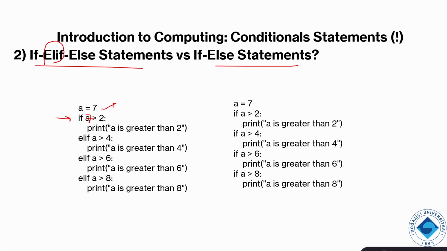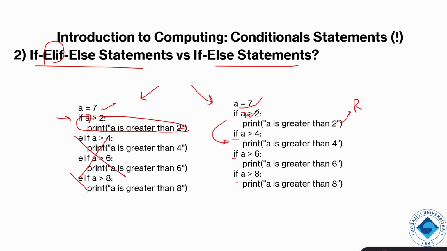As it is correct, it will run this code and it will not check other statements. In the second example here, a equals 7 and that one is correct, right? 7 bigger than 2, so it will run that one. And as the other blocks are also if, it will check all of them.